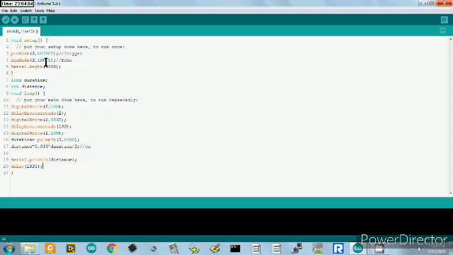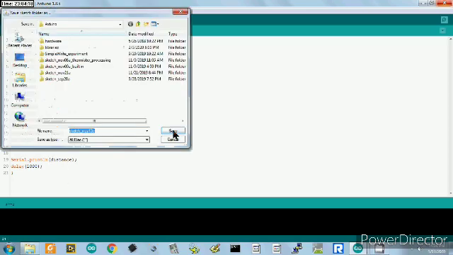So this will form the trigger, echo and the serial. We have made the second pin low, high, again low, and we are measuring the duration and conversion. Okay, now the code is fine, and we will try to compile it.